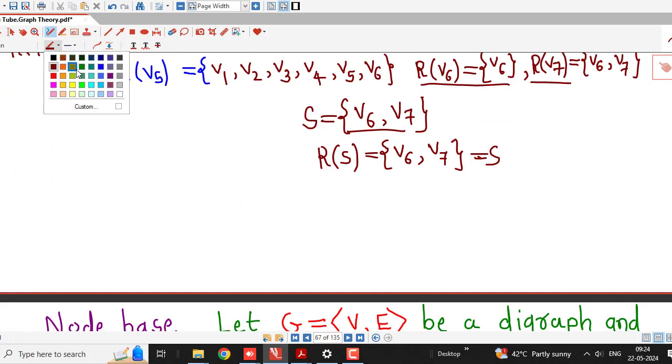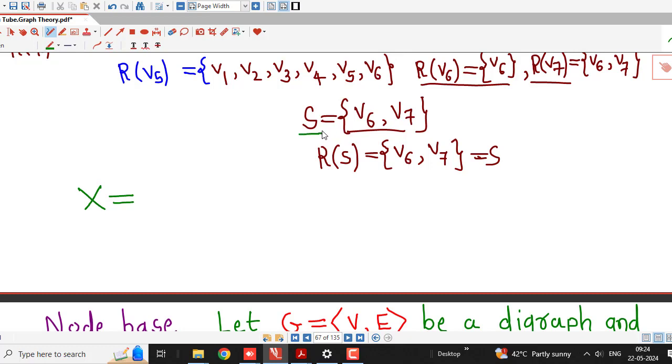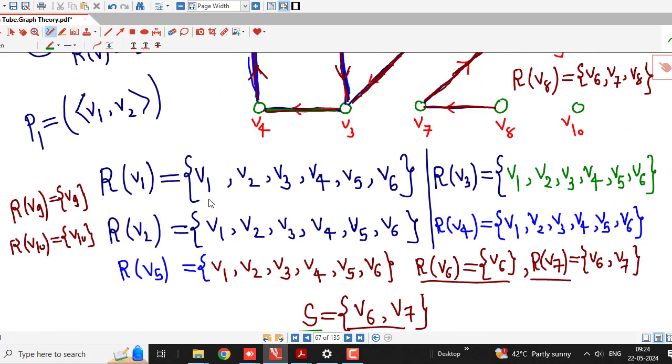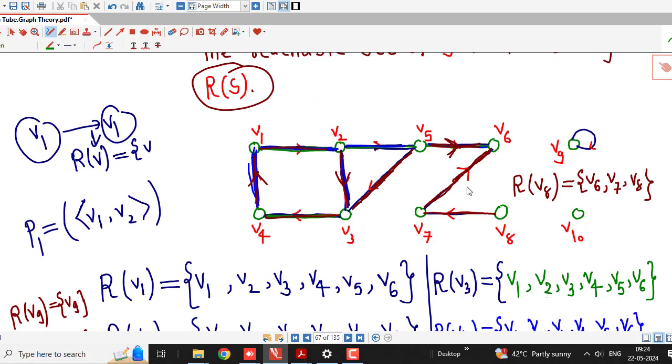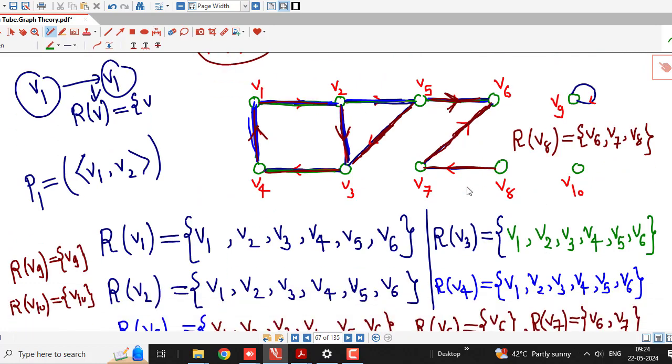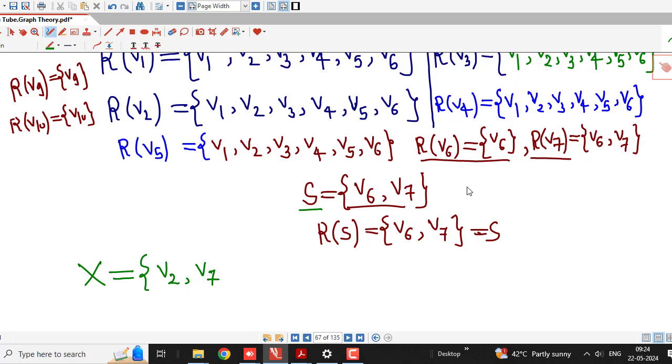But suppose I consider another subset, say capital X, instead of S, equal to say V2, V7, V8 and V10.